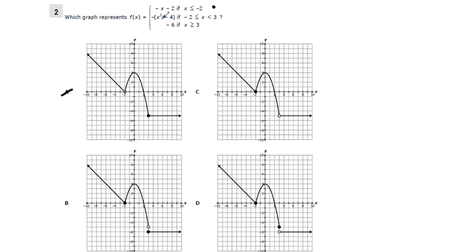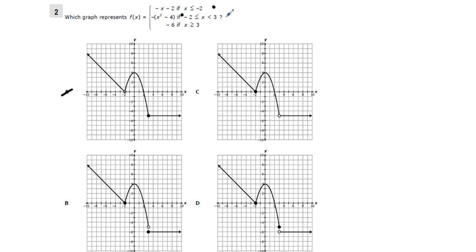Okay, next, -x squared minus 4 if x is greater than or equal to -2 but less than 3. And so at the left, we're going to have a closed circle, which we already knew based on that.